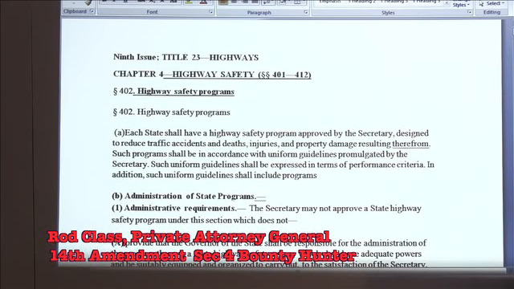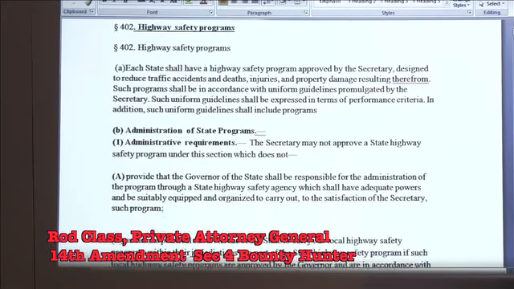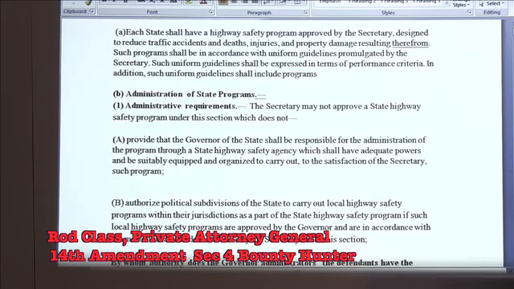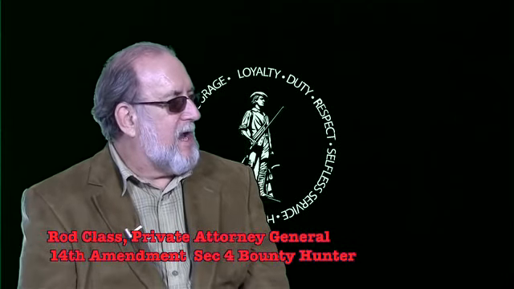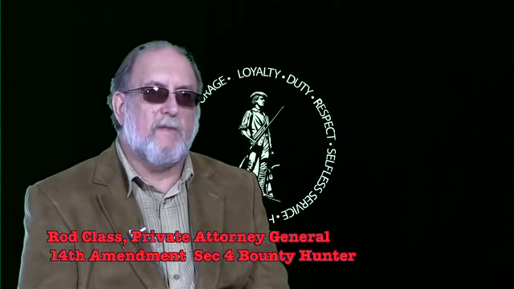The Secretary may not approve a state highway safety program under this section which does not provide that the governor of the state shall be responsible for the administration of the program. The governor has to sign this into effect. They have to. They're getting federal funding. They're getting federal grants out of this.